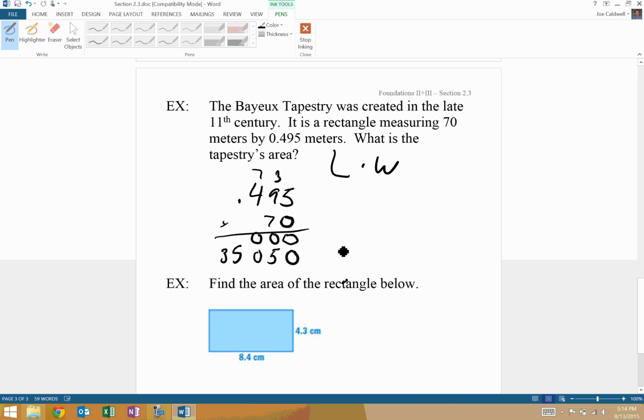Okay. So how many decimals do I have? 1, 2, 3. So your final answer there of the area is going to be 3.465 meters, and it's area, so it's going to be squared.